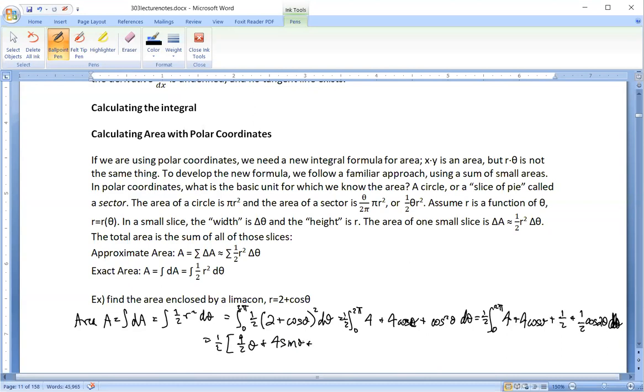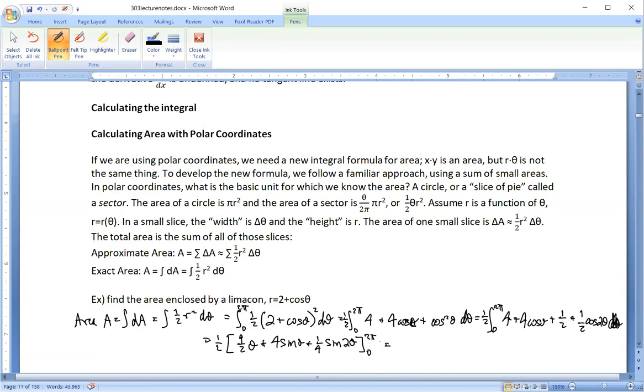And then the integral of 1/2 cos 2 theta is going to be sine of 2 theta, but after doing the substitution, another 1/2 is going to pop out. So we're going to get 1/4 sine of 2 theta, and all of this evaluated from 0 to 2 pi.